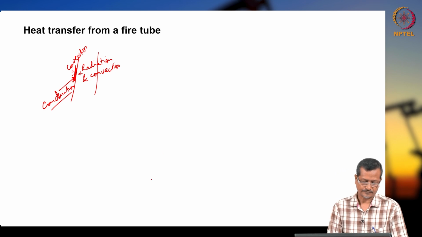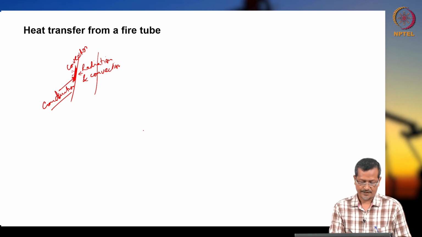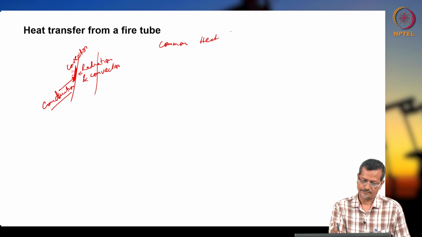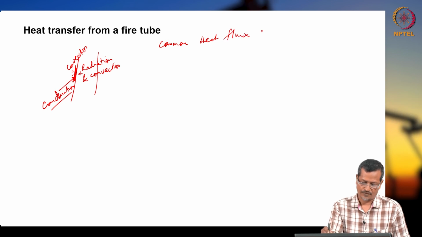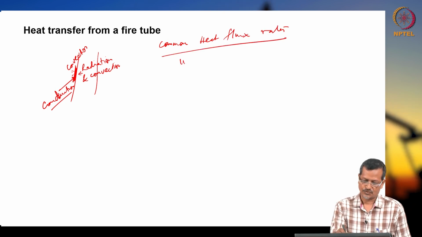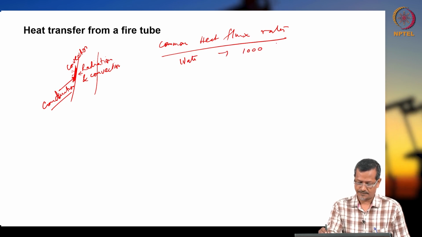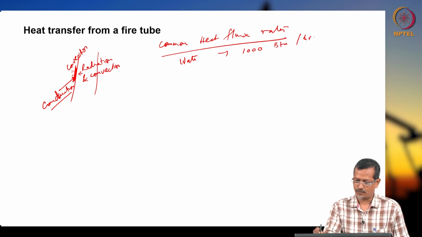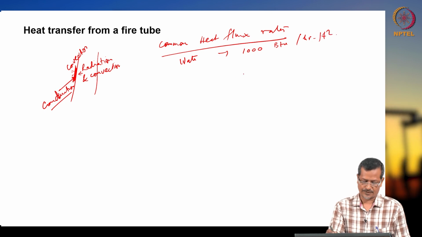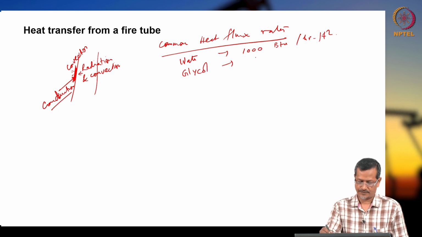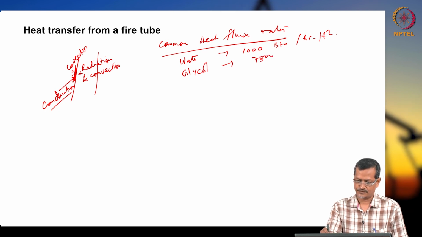Common heat flux rates. For water, the design heat flux rate is about 10,000 BTU per hour per square foot. For glycol, as we have seen in previous lectures, it is 7500.